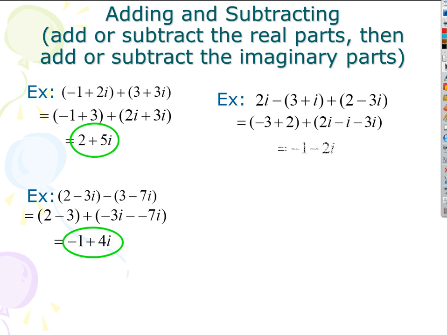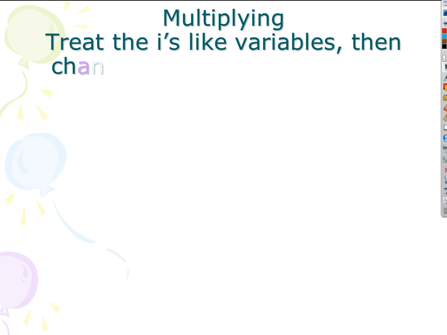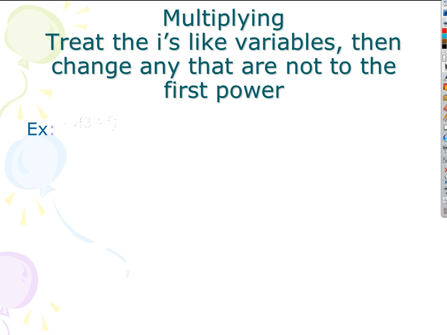Okay? Now, what if we're multiplying? Multiplying is maybe a slight step harder, but not much at all. Treat the i's like variables, and then when we're done, any power of i we deal with using those patterns that we talked about yesterday. And almost the only one we ever use is i squared. What is i squared equal to? -1. Good. So that's the one we'll end up using. So if I distribute the negative i here, don't I just get -3i minus i squared?